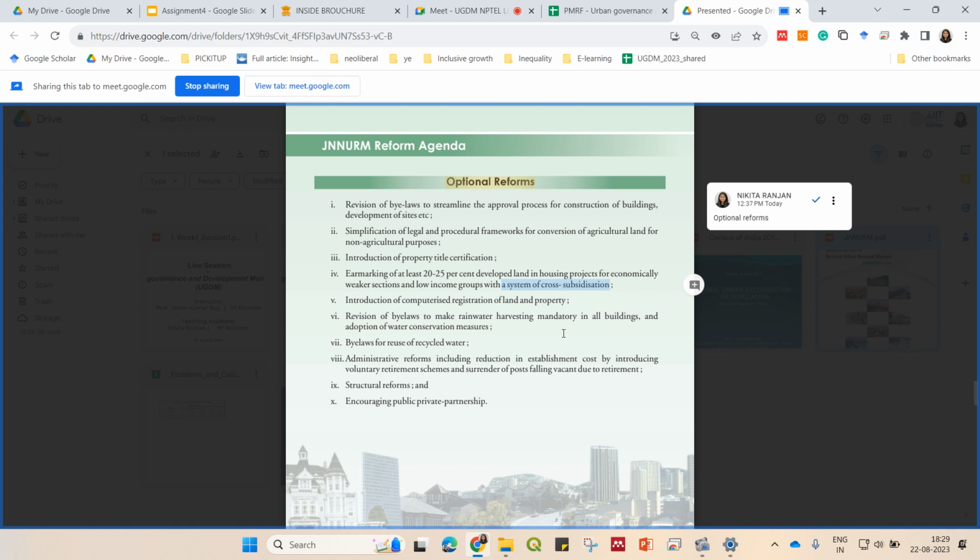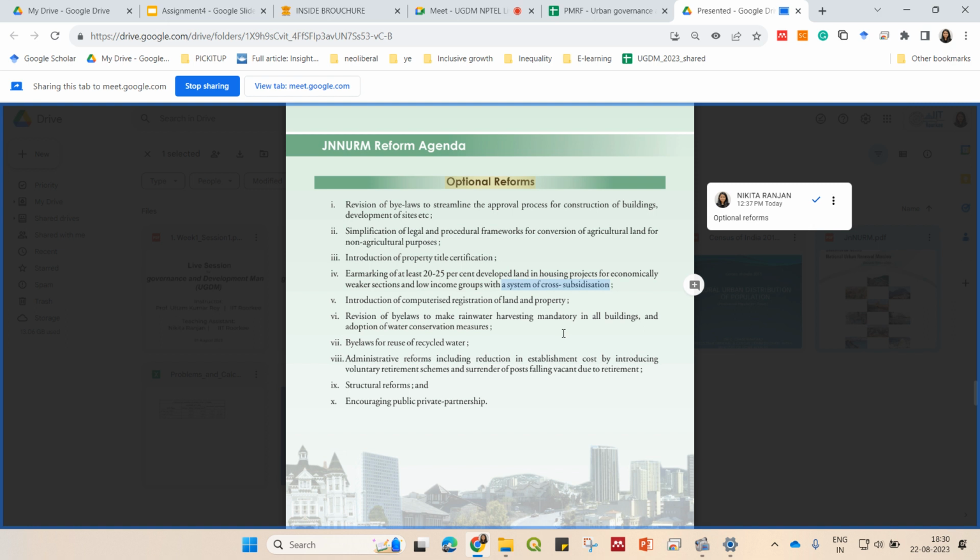So, what cross subsidization is that if you develop some piece of land, you earmark 20 to 25% of land which you will develop for the needs of the urban poor. In this particular case, they are suggesting housing reforms. In this case, 75% of the land you will develop for MIGs or other groups.